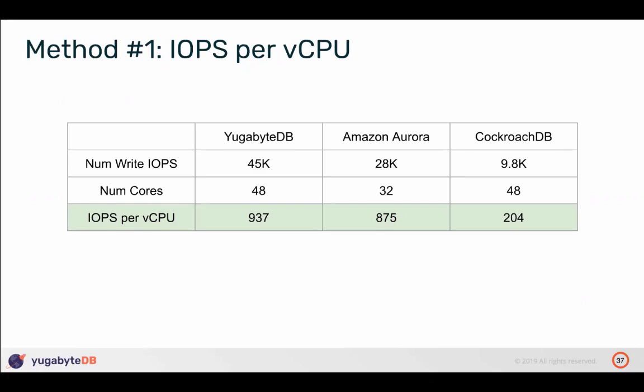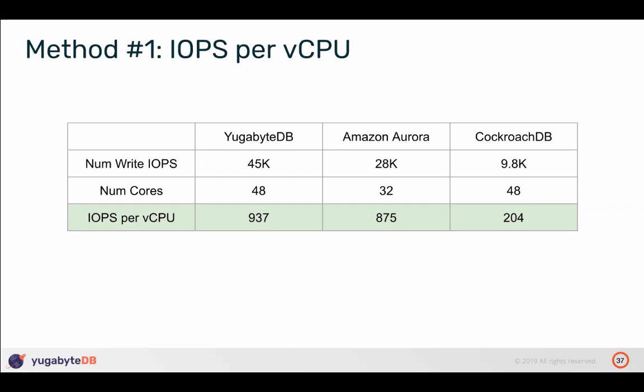And if you do the same thing for CockroachDB, you come up with 204. Now, if you don't have that second node in Amazon Aurora and make it 16 vCPUs, obviously your IOPS per vCPU will double, but you no longer have multi-zone high availability. So these are trade-offs, depending on how you want to deploy, but that's the purpose of a benchmark: to make you think about trade-offs and give you a framework to work through those.